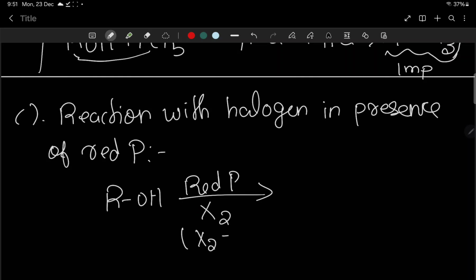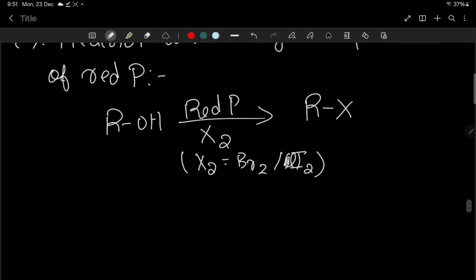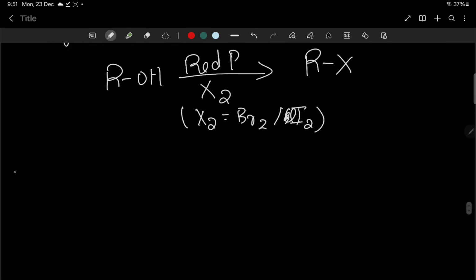Halogen we use is normally Br2 and I2. We don't use Cl2. We get RX. This is a reaction. The next one is important. Reaction with SOCl2.